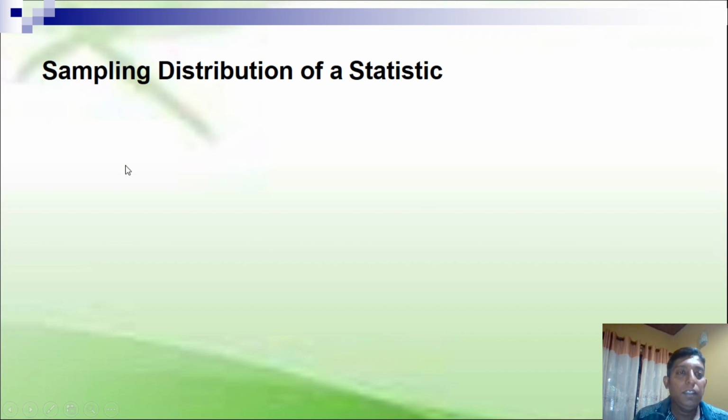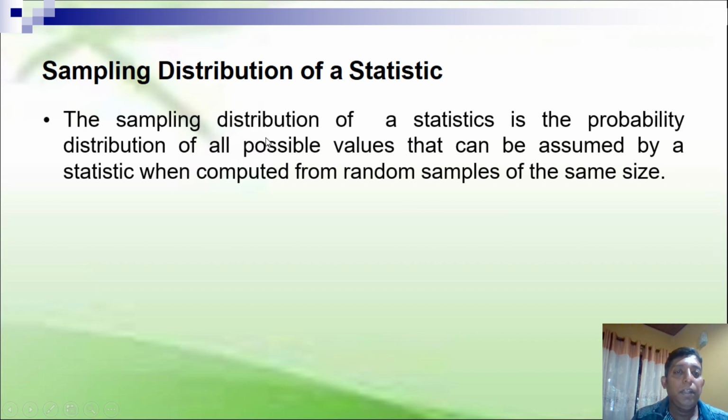Then see the general definition of the sampling distribution of a statistic. I think now you have an idea about what is meant by a statistic: a sample characteristic. The sampling distribution of a statistic is the probability distribution of all possible values that can be assumed by a statistic when computed from random samples of the same size.